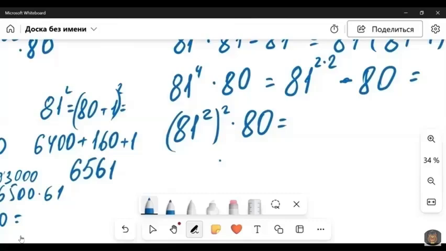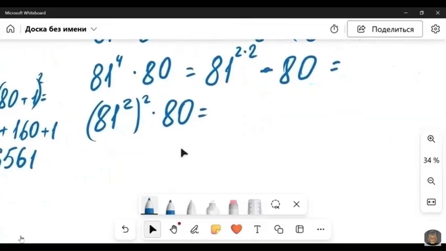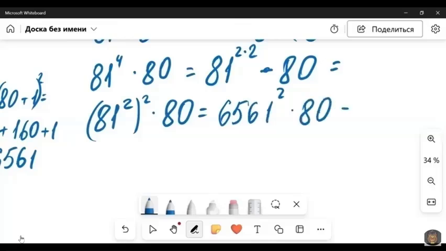And let's square this number too. 6561. First, we simply write down the number 6561 itself. We square it and multiply by 80.